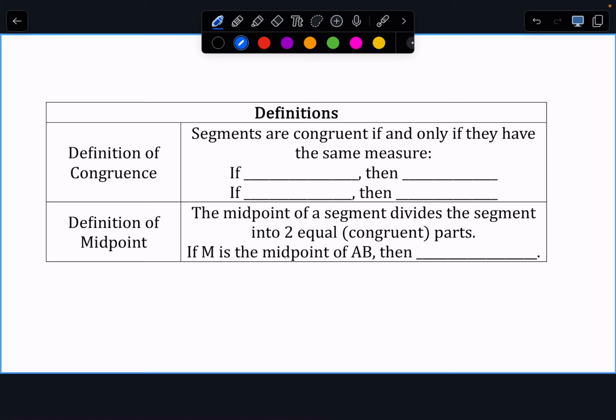Either we're going to say, okay, since AB is congruent to CD, then our next step could say AB equals CD because of the definition of congruence. Or we might have AB equals CD, and then with the definition we can say we have two congruent segments.